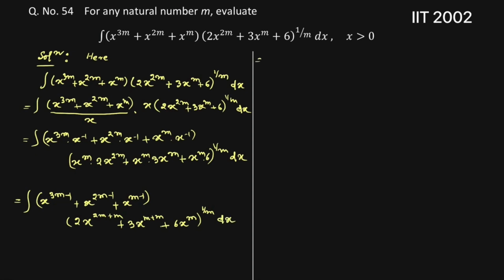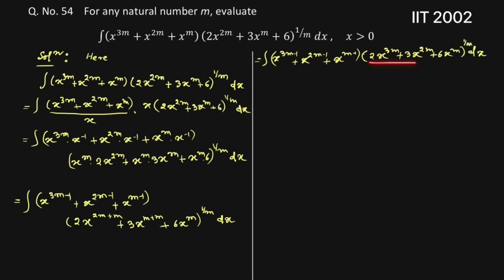dx, which is equal to integration of x to power 3m minus 1 plus x to power 2m minus 1 plus x to power m minus 1 and 2x to power 3m plus 3x to power 2m plus 6x to power m dx.